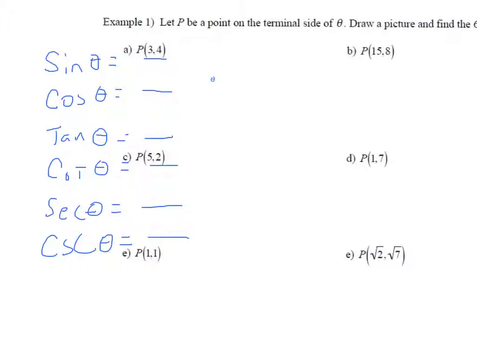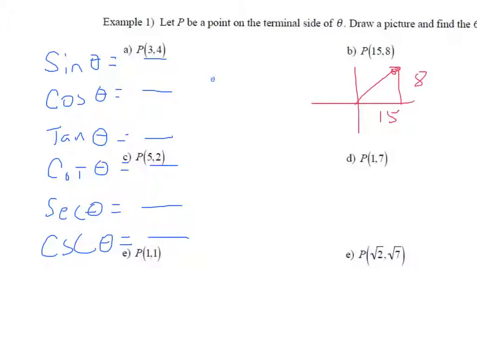Now for this next point, same kind of idea. The x is 8, the y is 15. I said that backwards. The x is 15, the y is 8. To find that hypotenuse side, well, let's see.